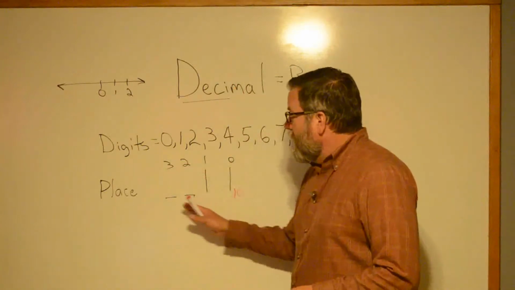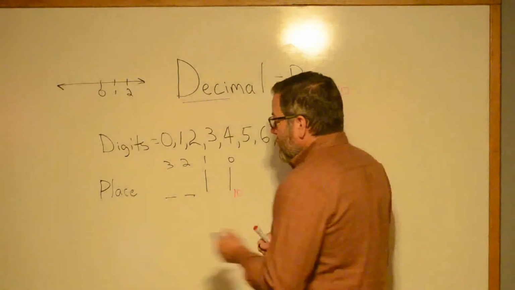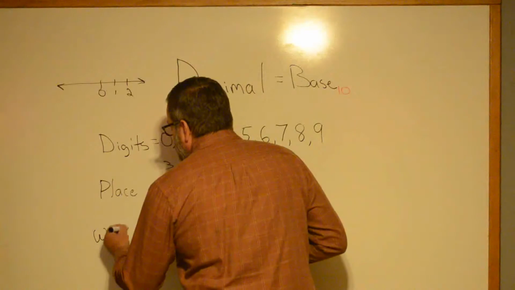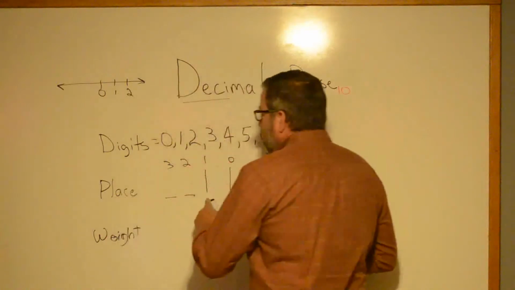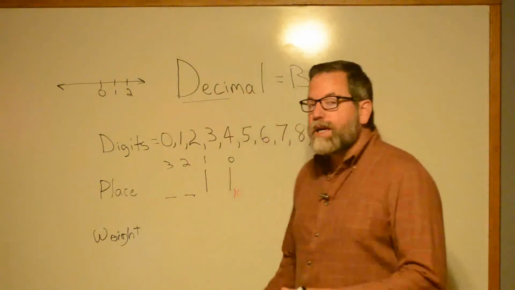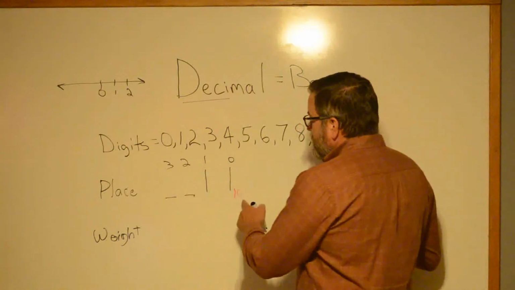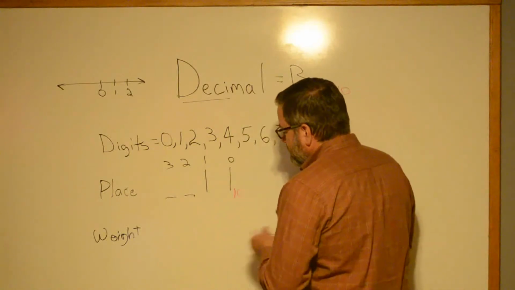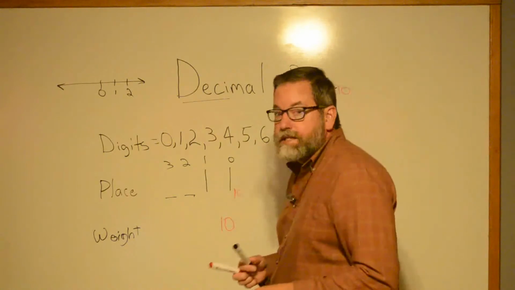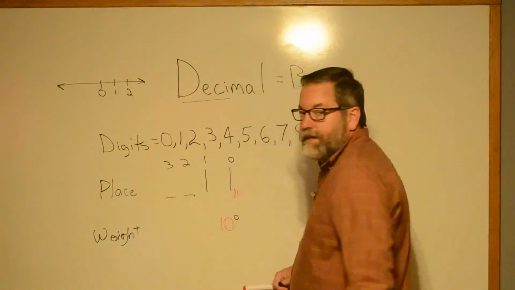Okay. Now we need to figure out what the weights of each one of these places are. So I'm going to come down here and write the word weight, because the place we identify with the 0, 1, 2, or 3, we're going to give it a name once we figure out its weight. So if we take our base, base 10, and raise it to our place identifier, that power, we're going to find out what the weight is there.